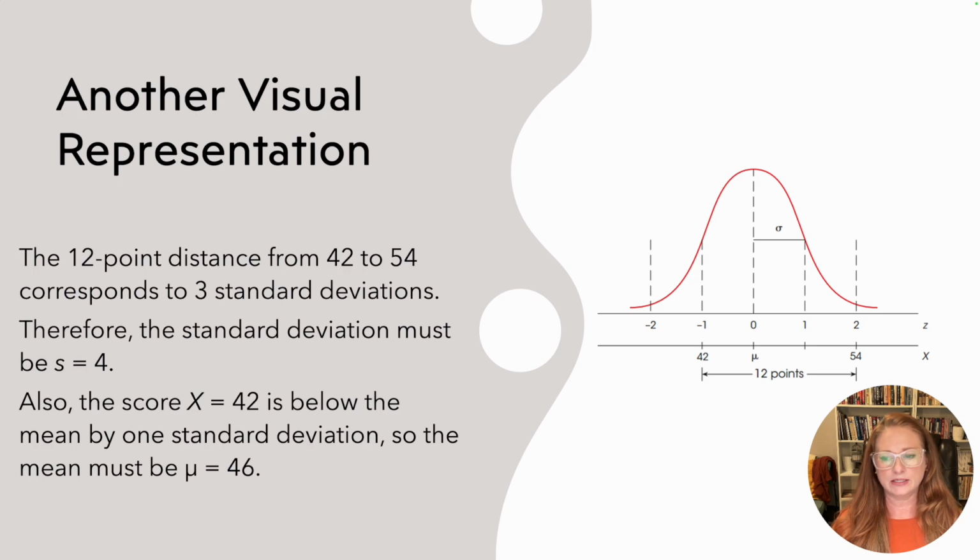So if I know that z equals +2 corresponds to the raw score of 54, and I also know that a raw score of 42 corresponds to a z-score of -1. Do you see it? I can pretty quickly figure out that the average for this data set is 46, that mu equals 46.